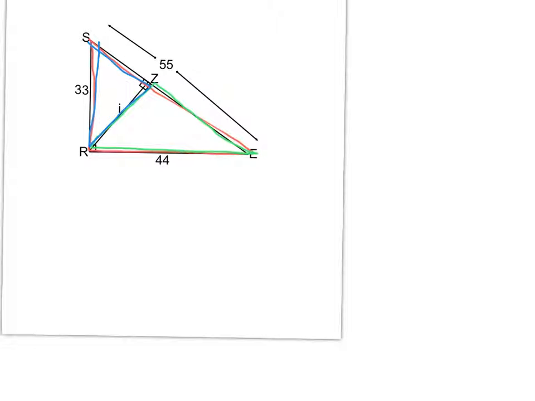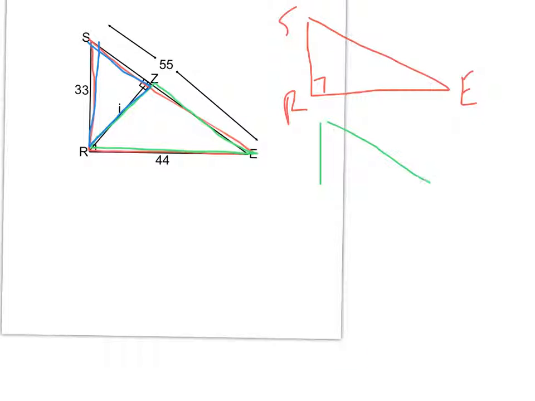triangles separately. I'm going to start with the big triangle, so triangle SRE. I'm going to add my right angle in. This is triangle SRE. Then I want to draw my green triangle. So this is triangle RCE.